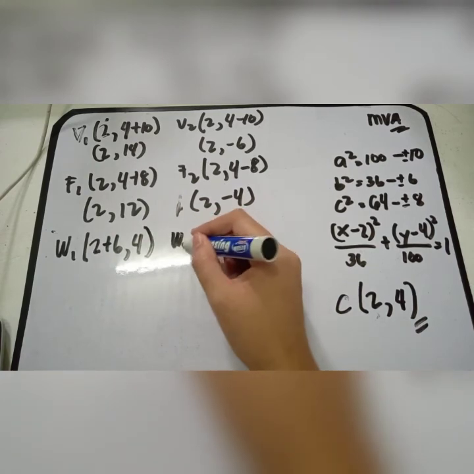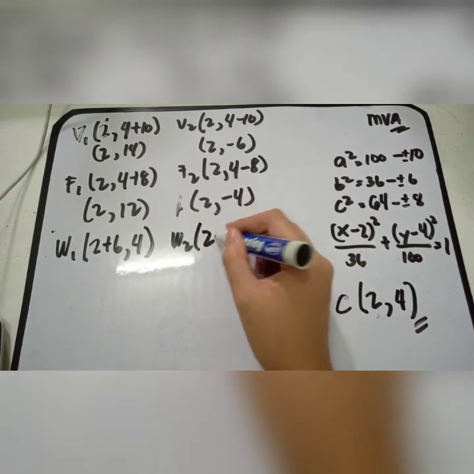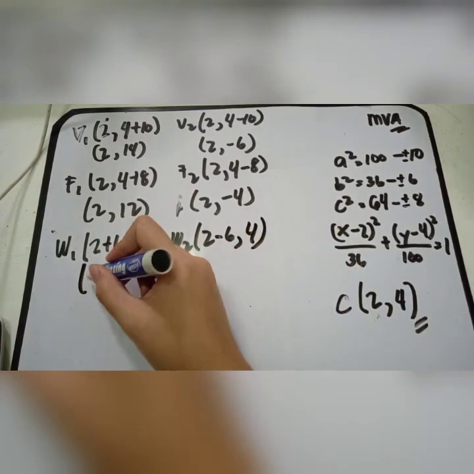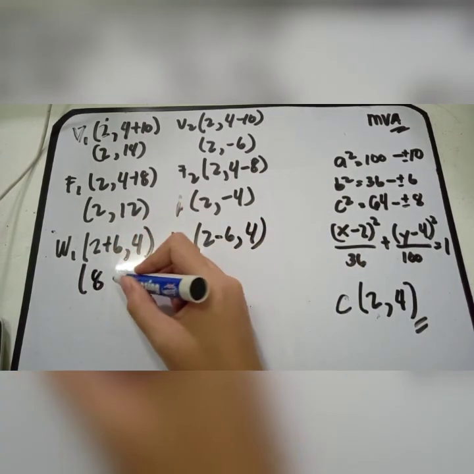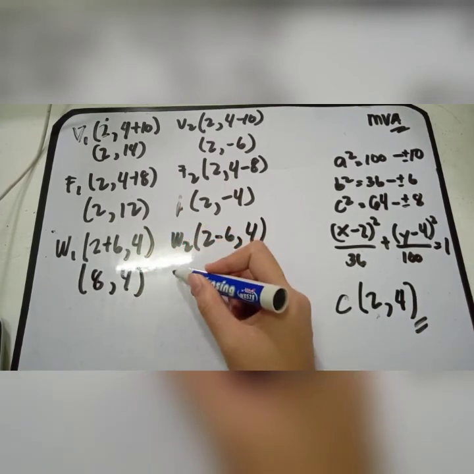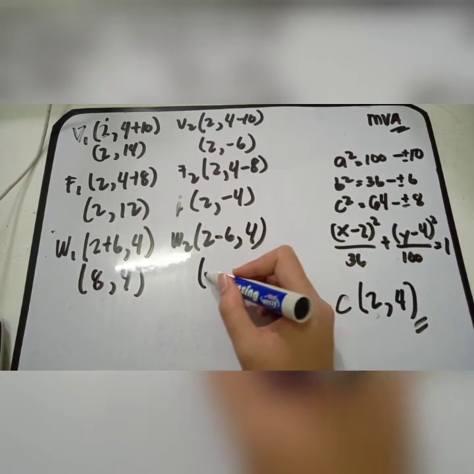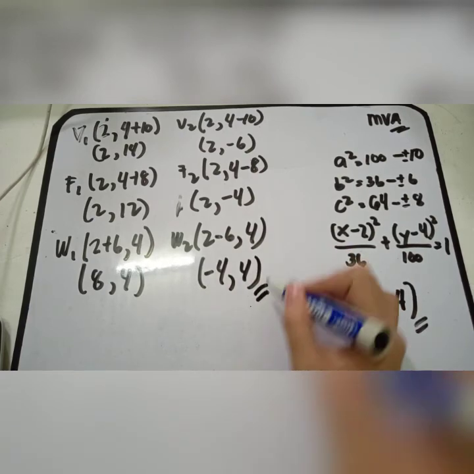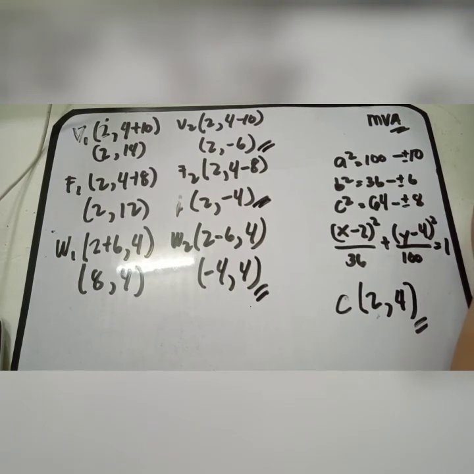For W2, that's 2 minus 6, comma, 4. So simplify. 2 plus 6 is 8, comma, 4. And then 2 minus 6 is negative 4, comma, 4. So we already have the values of the co-vertices, the foci, and the vertices.